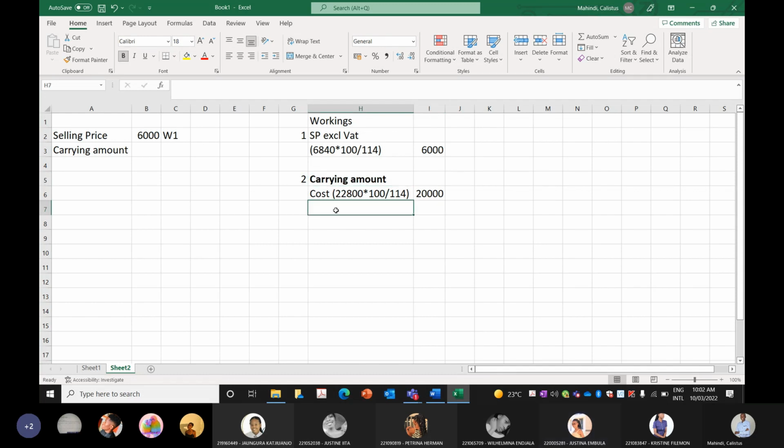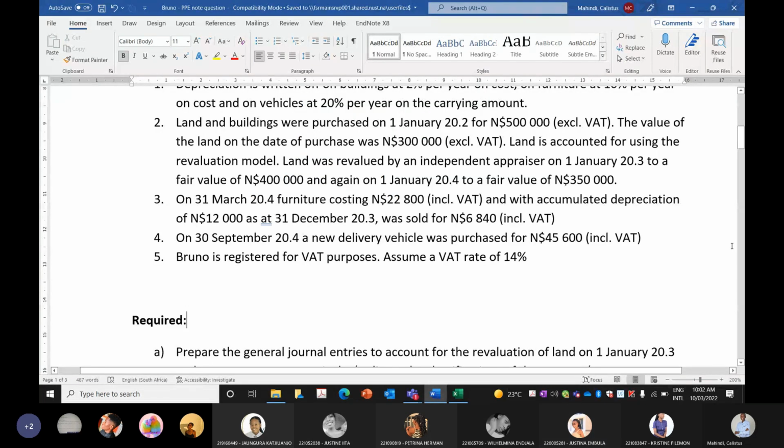So what's our accumulated depreciation? Okay. It says on 31 March, furniture costing 22,800, that was the cost price, with accumulated depreciation of 12,000 as of 31 December 20.3, was sold for 6,840.